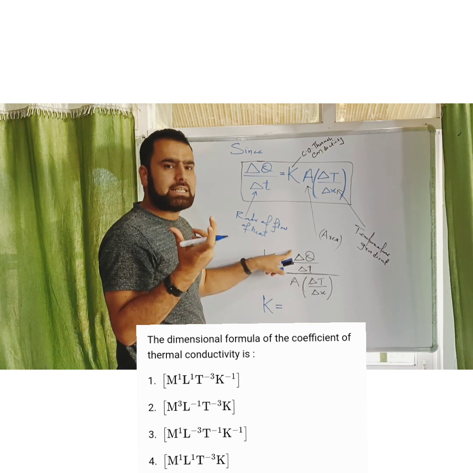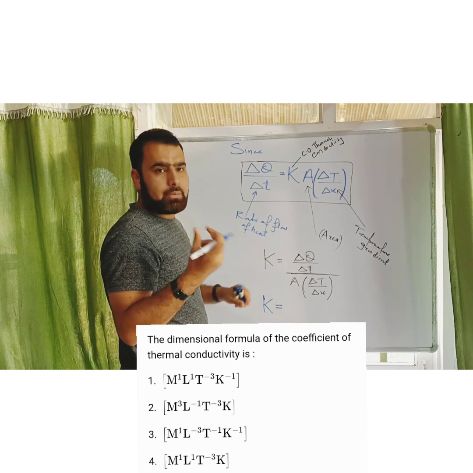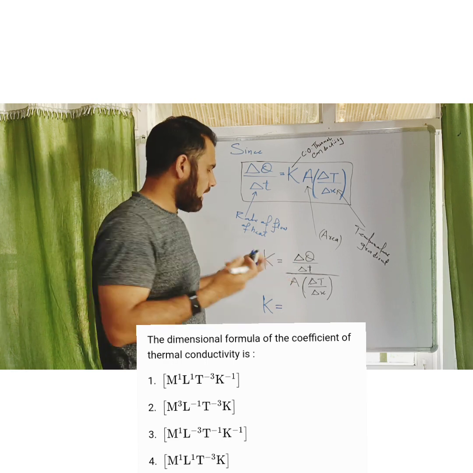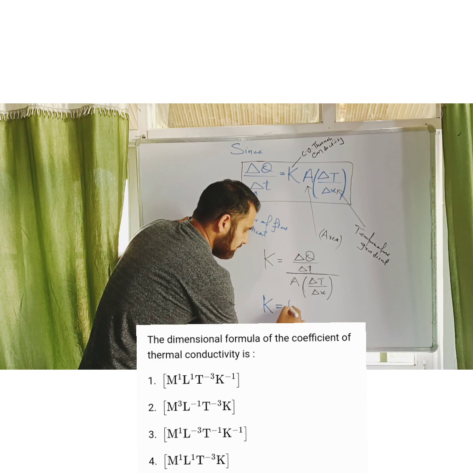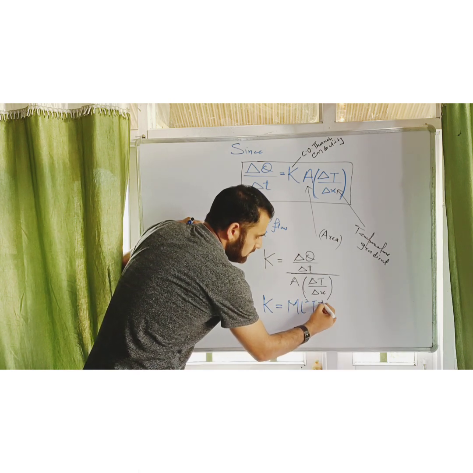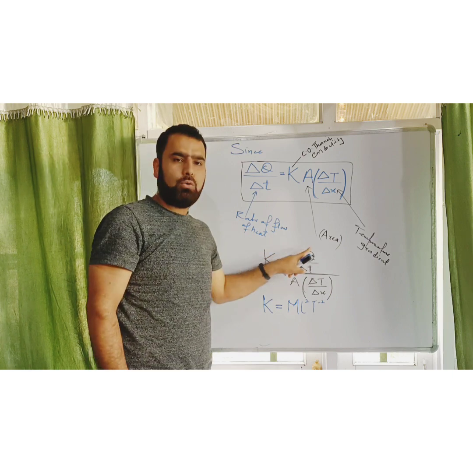So delta Q here represents the heat, and you know heat is a form of energy, so its dimensional formula is M L squared T minus 2. This is the dimensional formula of delta Q.